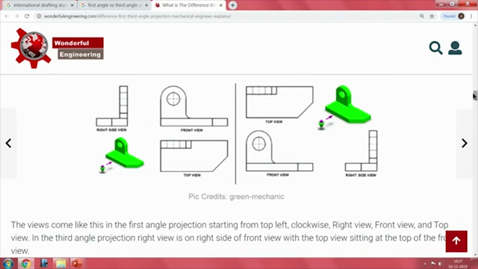Go to wonderfulengineering.com and try to read it for yourself. It is very convenient, in fact, if we clearly write what it means and then similarly here write what it means and happily represent it here.